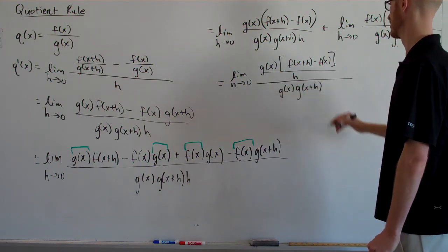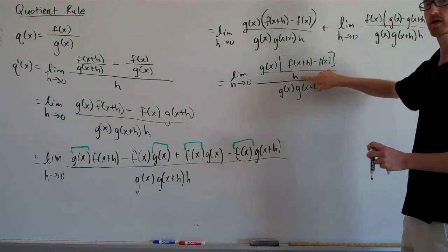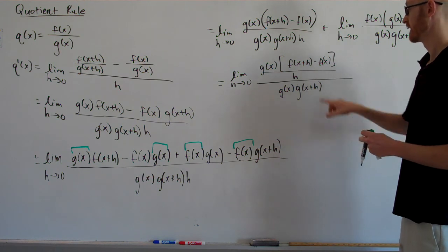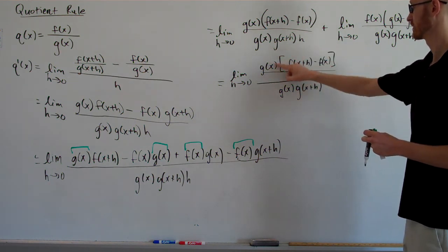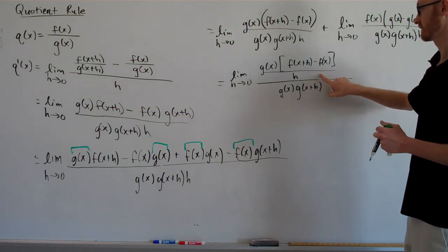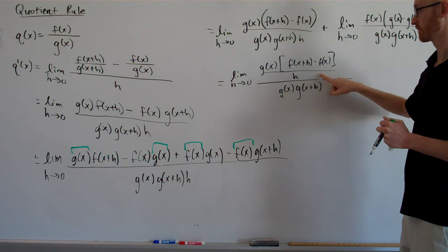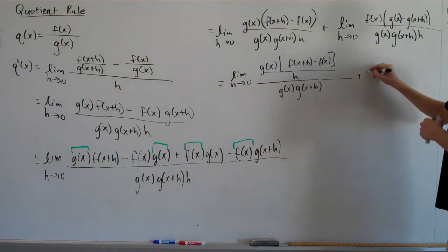So what I did with the first term is I just kept the h in the denominator of the numerator, and I left the bottom down here, because that expression right there is f prime, right?